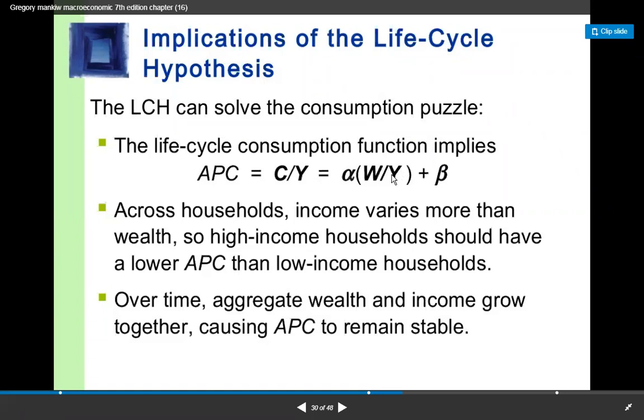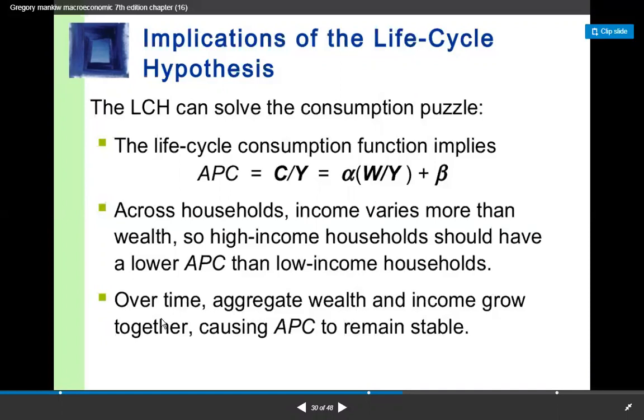Lower income level means higher solution of this part of this fraction. So high income households most probably have a lower APC than low income households.